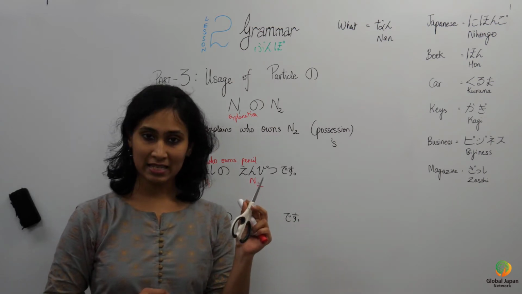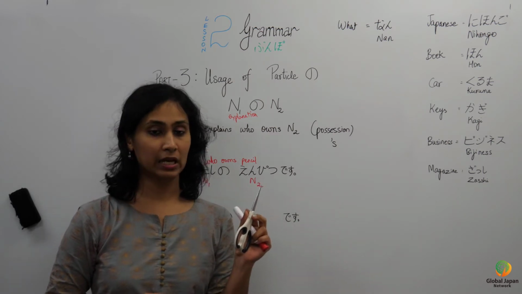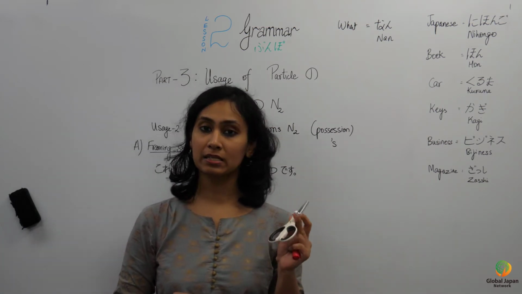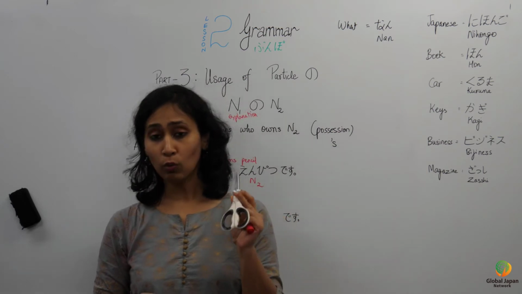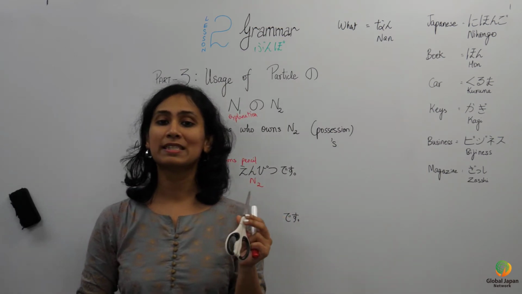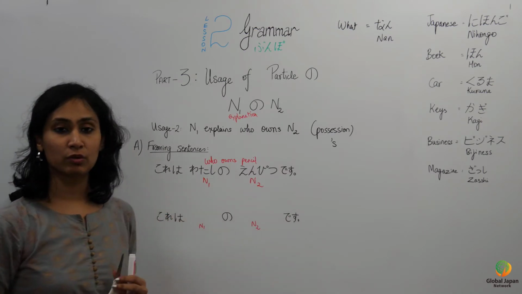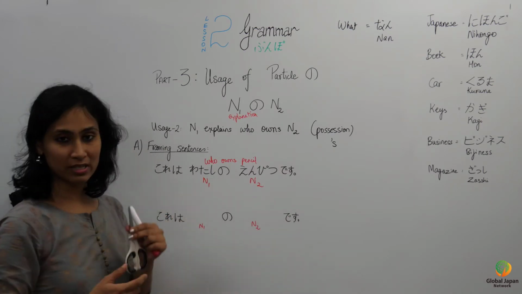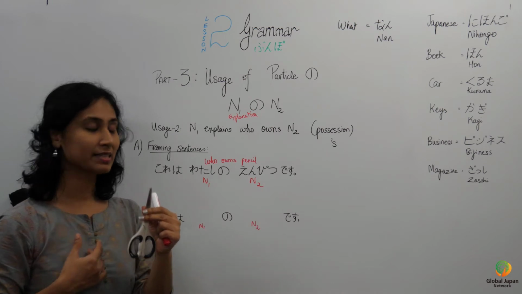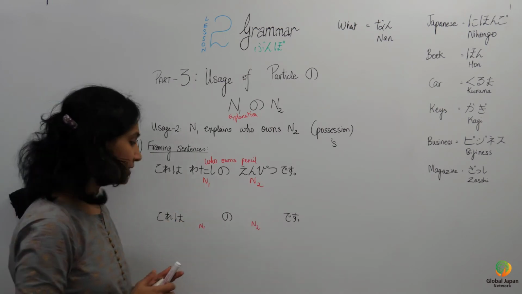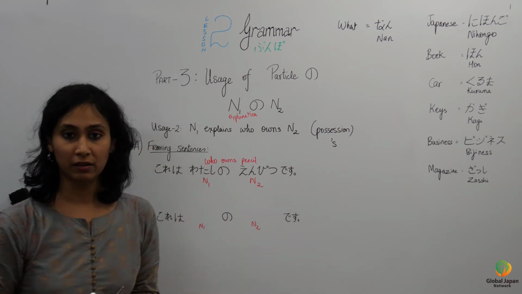This is my second object. This is called as hasami. Hasami means scissors. Now you want to know who owns these pair of scissors. Demonstrative word that is used is kore wa, because it is near me. I am going to tell the sentence kore wa. Where is the object going to be placed after the no particle?